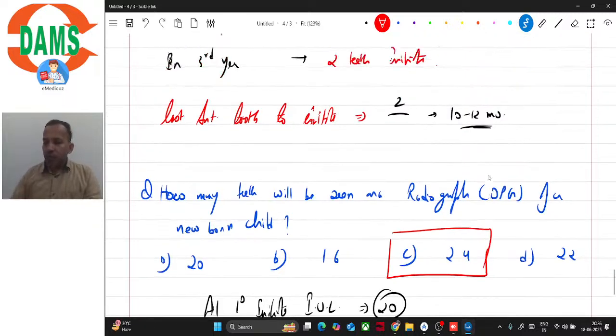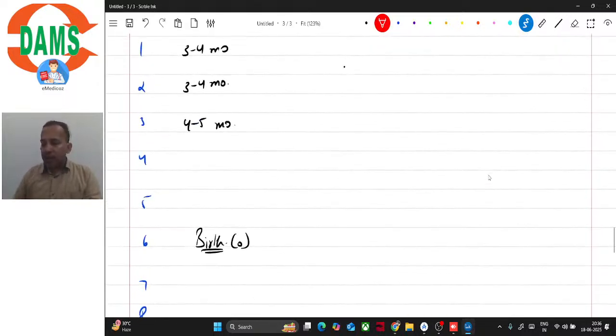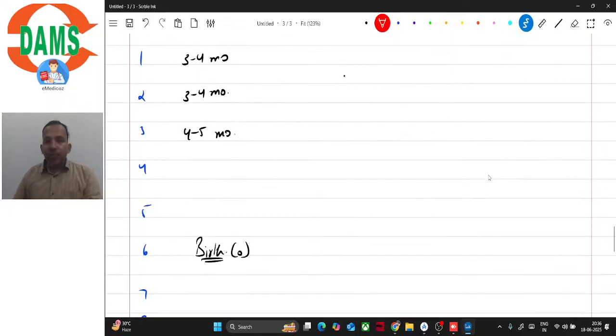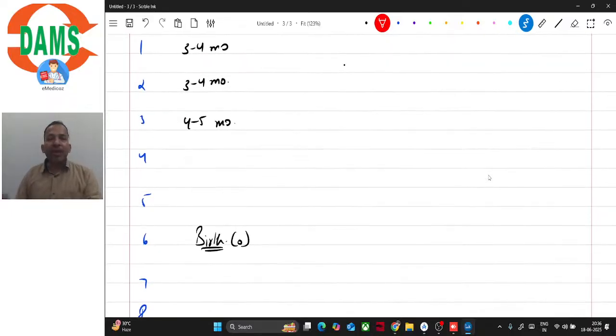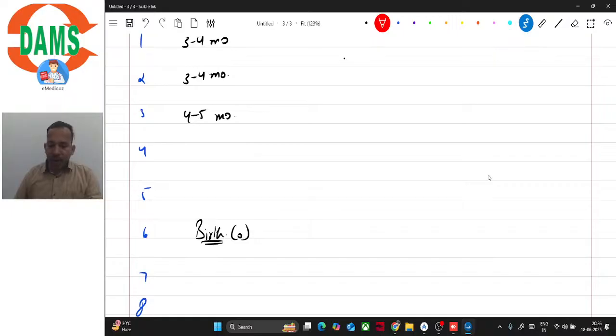Let's now go to the teeth that initiate in the second year of life. So which tooth do you think will initiate in the second year of life? As I just told you, there is only one tooth that initiates in the second year of life, isn't it? So which is this tooth? This is the first premolar. So first premolar, it initiates at about 1.5 to 2 years.